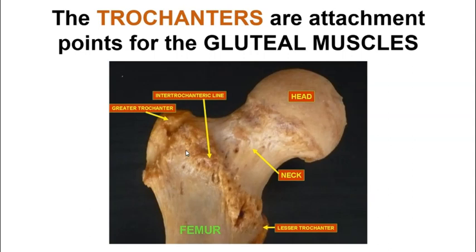Because of the very large size of the gluteal muscles and the very strong forces they exert on the femur, which help to stabilize the hip joint and keep us upright when we're standing, we notice that the trochanters are very thick bony projections that help to resist the strong pulling forces of those large gluteal muscles. So the trochanters are a really good example of Wolff's Law in the skeleton.